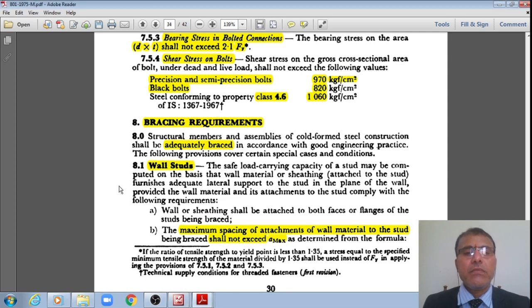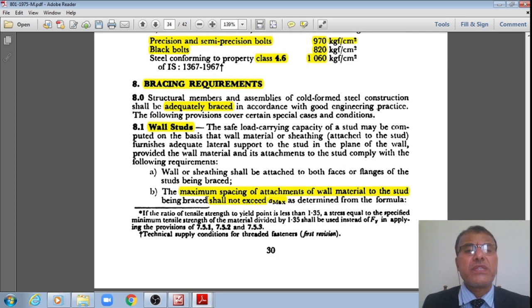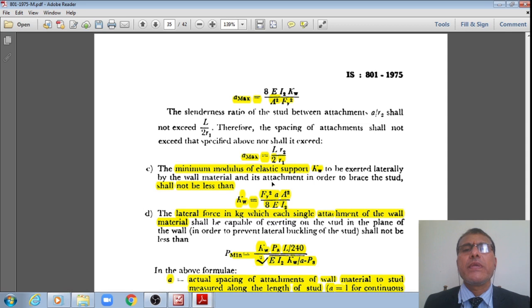Then for such wall struts, the maximum spacing of the attachment of the wall material to the stud being braced shall not exceed sigma maximum as determined from the formula. This formula, sigma maximum is equal to 8 EI2 kW divided by A square Fy square. However, the slenderness ratio of the stud between the attachment is greater than A by R2.